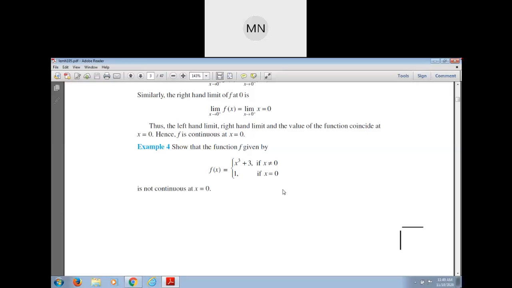Limit x tends to 0 minus, limit x tends to 0 plus, this means x does not equal 0. So for that we write f of x equals x cube plus 3. But when we write x equals 0, then f of x is 1. Is it clear?